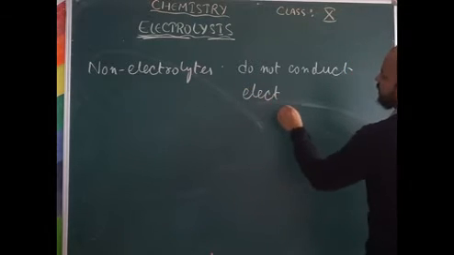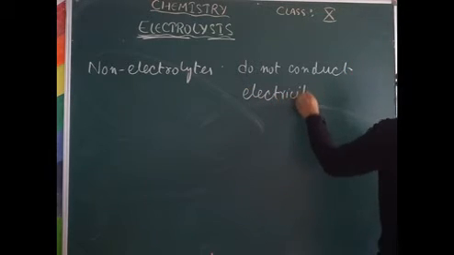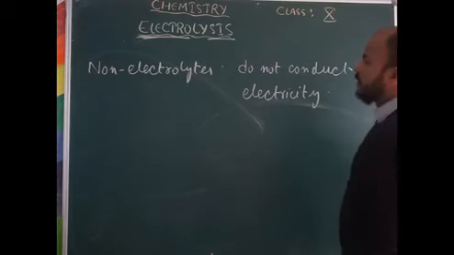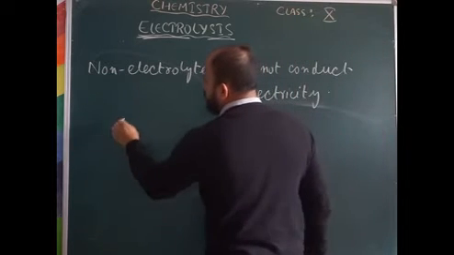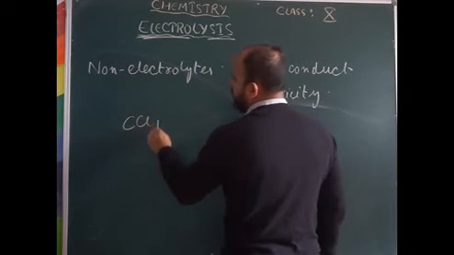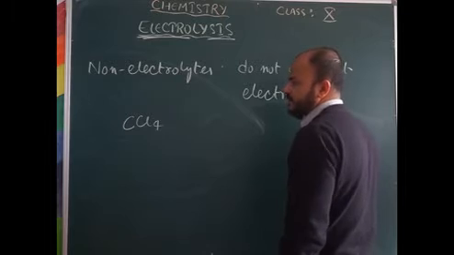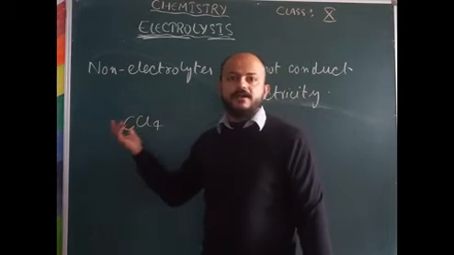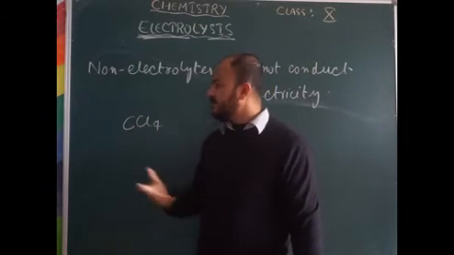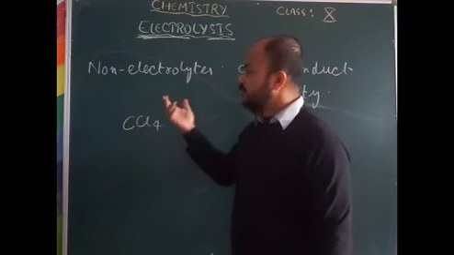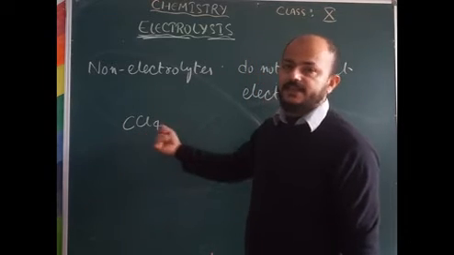For example, you have organic compounds again, CCl4, carbon tetrachloride. We have already done the electron dot structure of carbon tetrachloride in our class. So this is one example of a non-electrolyte. This doesn't conduct electricity.